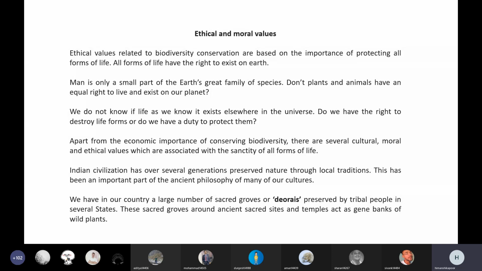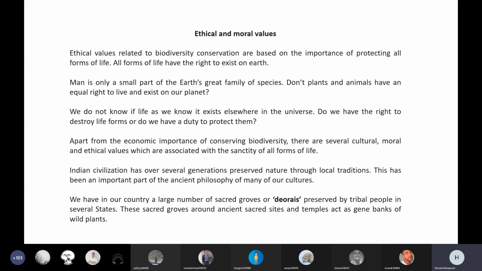So in ethical or moral values, what we are looking at is the need for protection of all the life forms. तो सारे plant या animal species का equal right है earth पे exist करना. So we need to protect it. So this is covered under the umbrella of ethical and moral values.